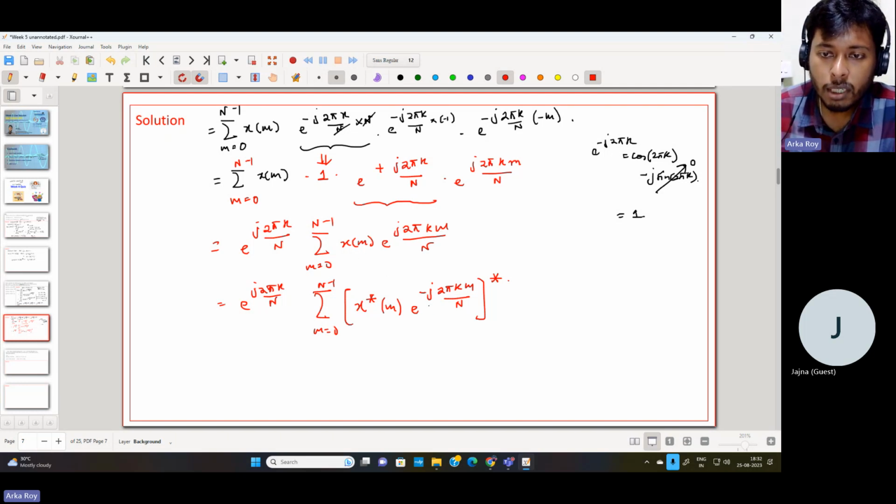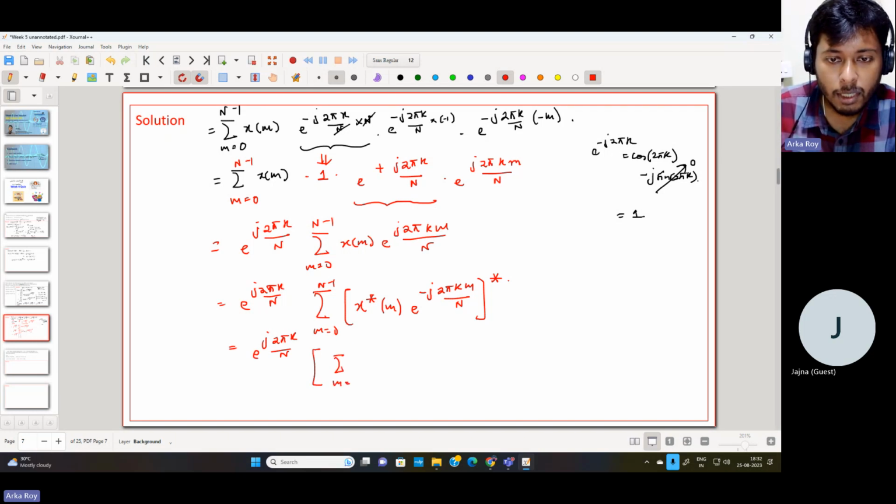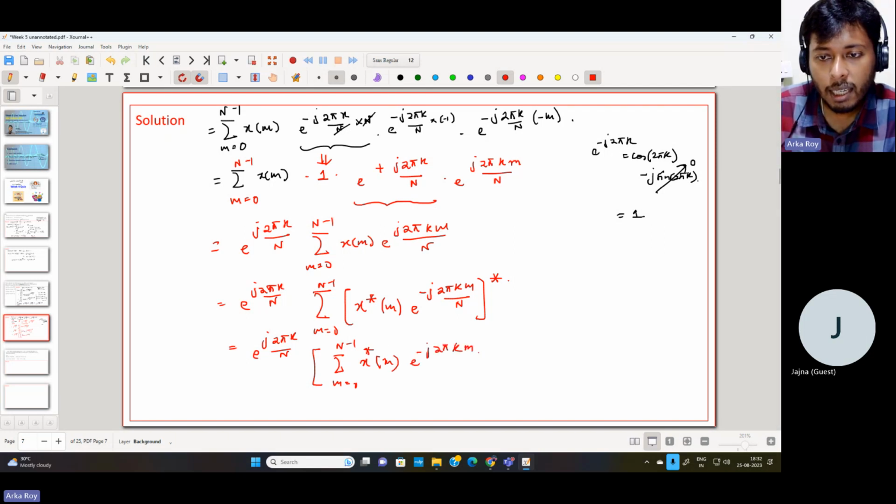And if I do the conjugation operation, it will effectively lead to e to the power plus j 2 pi k m by n. So we know that I can take this conjugation operation after the summation also. So I can write it as e to the power j 2 pi k divided by n, and then move the summation inside the bracket, x star m e to the power minus j 2 pi k m divided by n, and then write a whole conjugate over here.